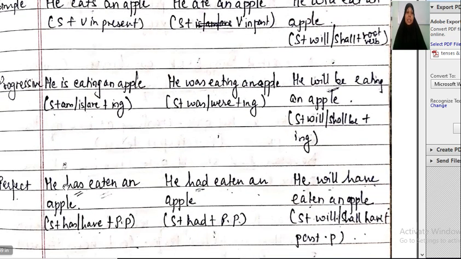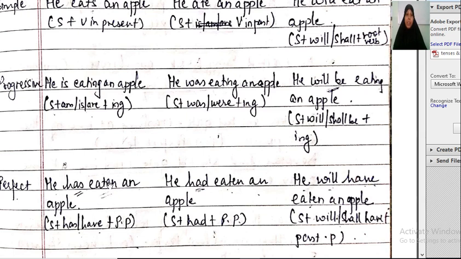Next is present perfect tense. Present perfect tense is used to show an action which is completed, like he has eaten an apple. Here the structure of the sentence will be subject plus has or have according to the noun or pronoun plus past participle of the verb.